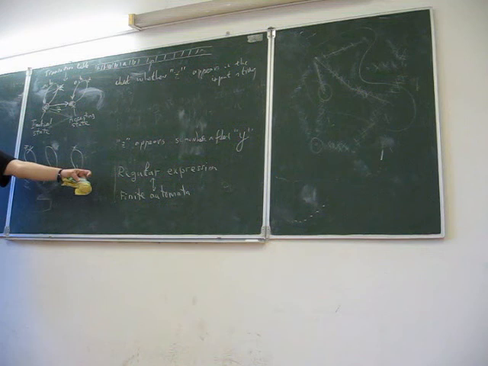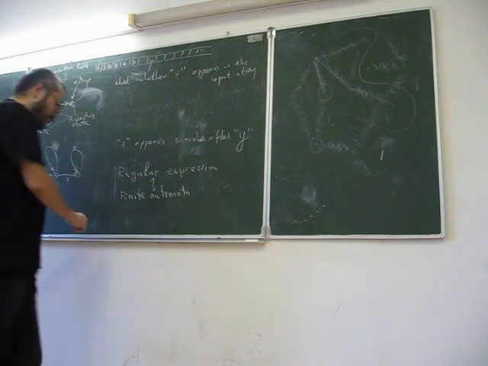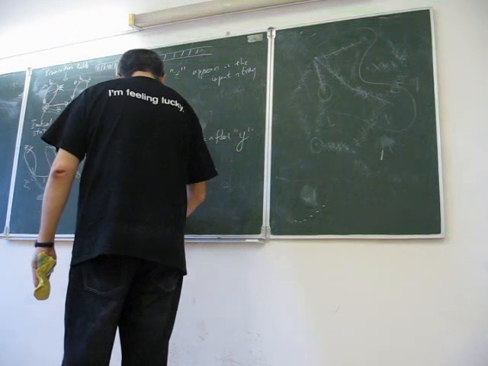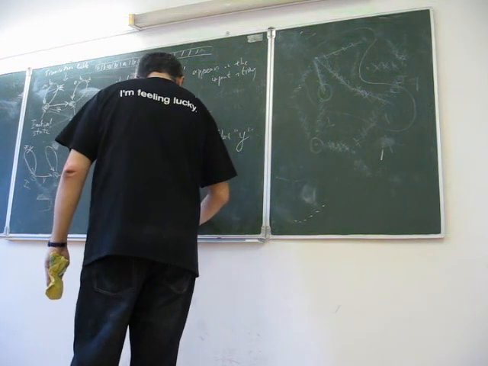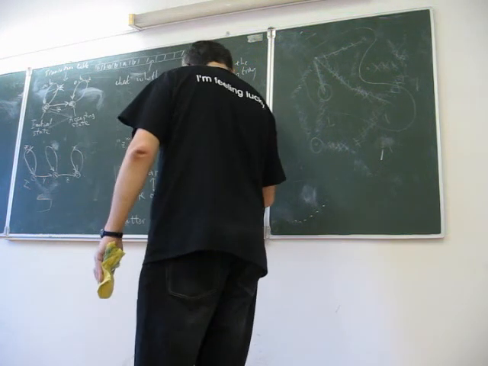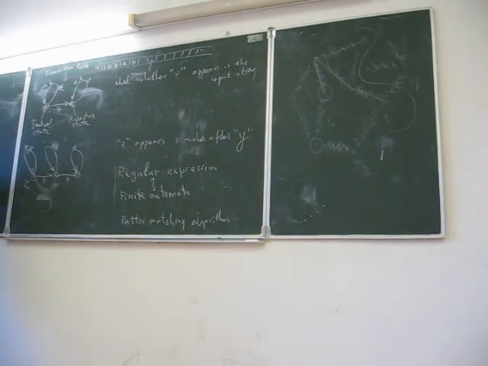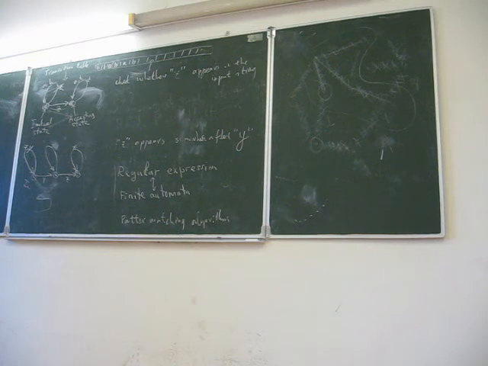Also, it gives some intuition for more complicated things, which are called pattern matching algorithms. If you perform a search in a text editor, what is the fastest way to find where a pattern appears in the text?